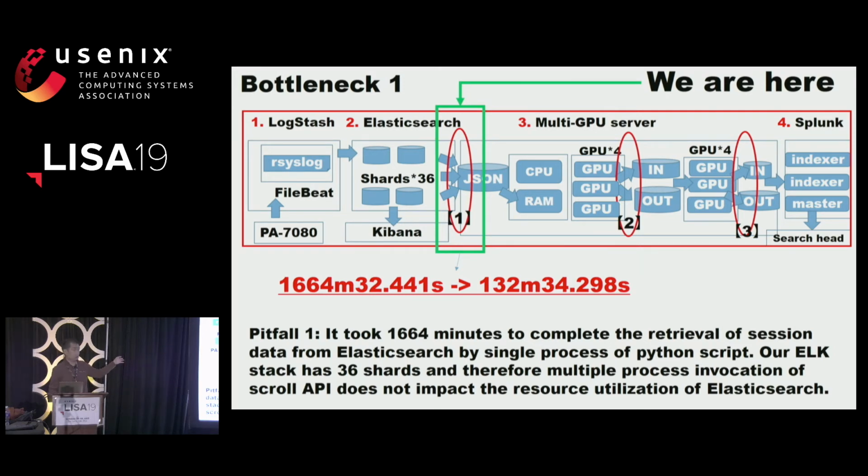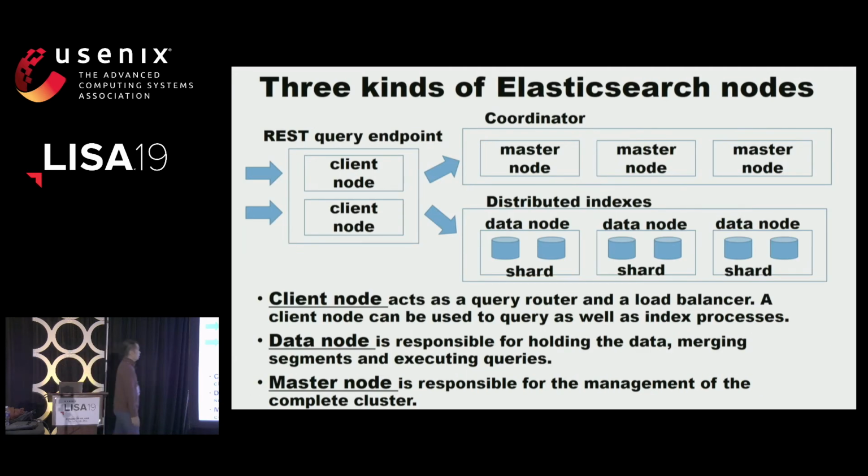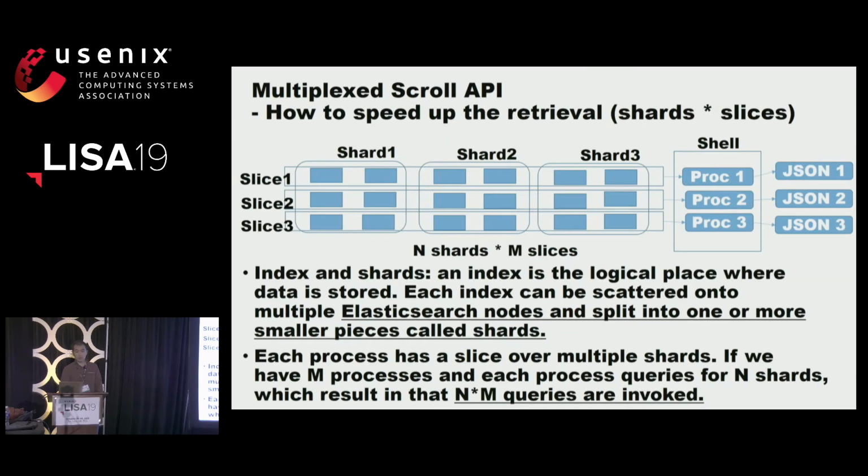We are at this point, the first phase of the pipeline. And please let me illustrate very briefly about Elasticsearch. There are 3 node types: client, master, data nodes. Data nodes are important because they are for the data. And this is the core idea of the multiplex scroll API.